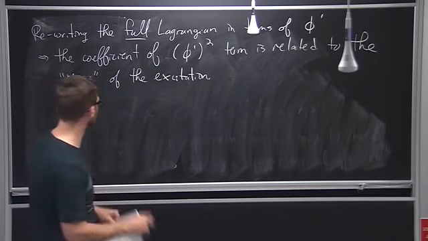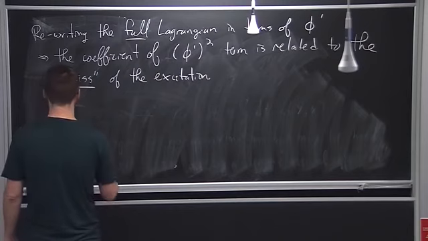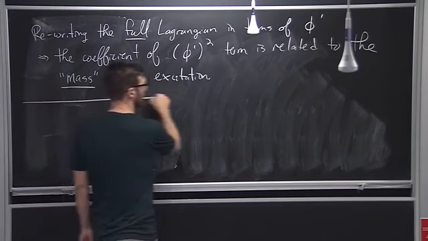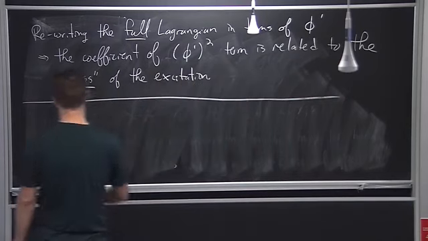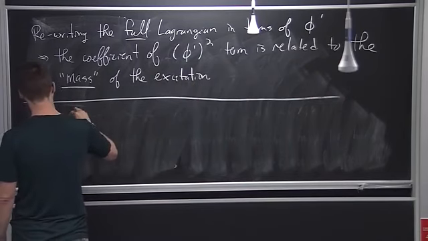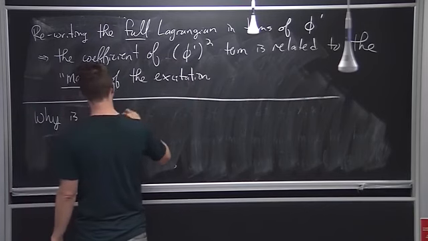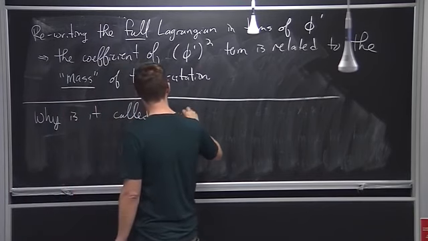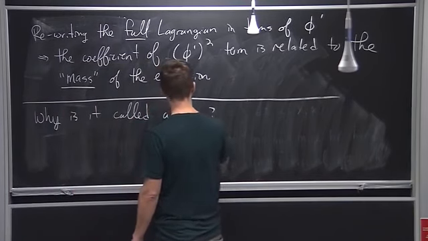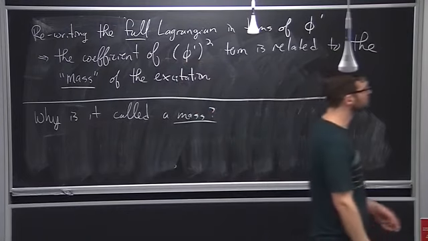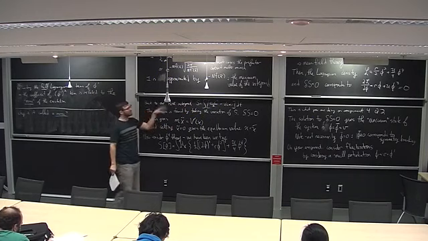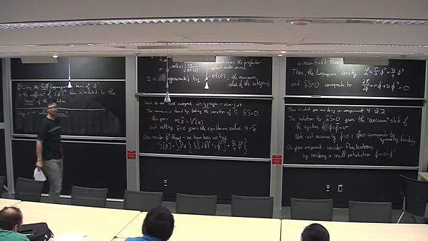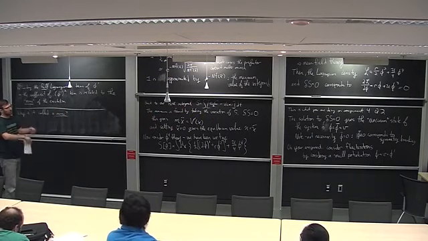We'll talk more about it, but I just want to take a little aside into why it's called a mass. The phi squared term, that's the R. It's just some arbitrary parameter that is phenomenological.